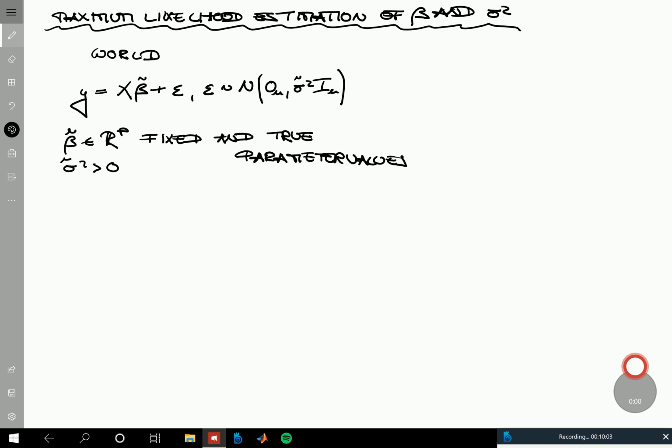For example, if there are 3 beta parameters, then these true values could be 2, 2, and 4. And then there's always one variance parameter, so the variance parameter could be 1. And the assumption is that these parameter values, via multiplication with the design matrix and by sampling from the multivariate Gaussian distribution, gave rise to the observed data. And then let's say that this is our observed data here.